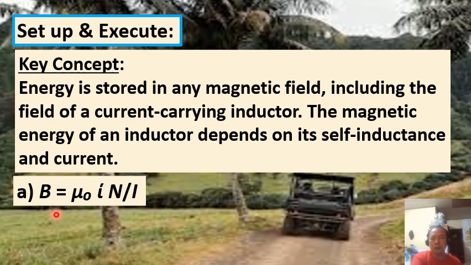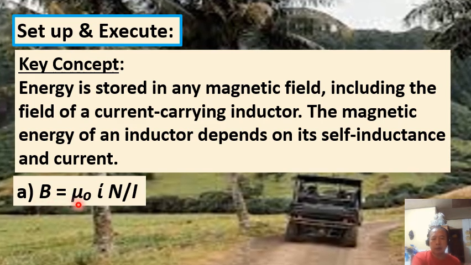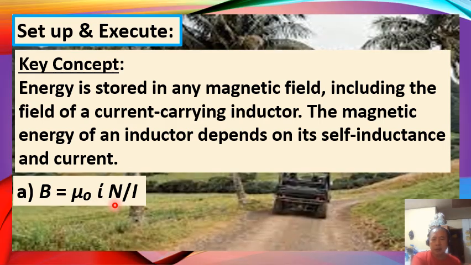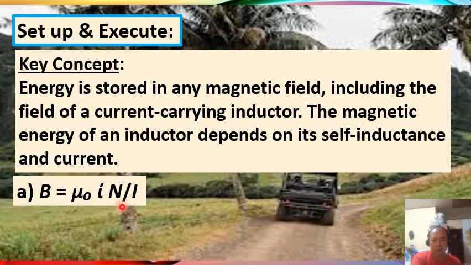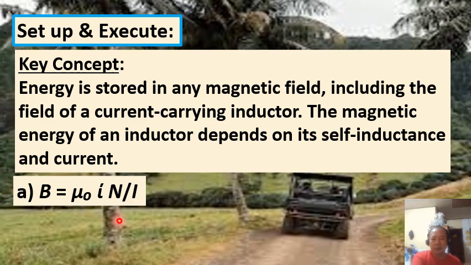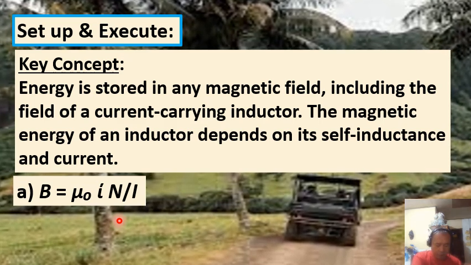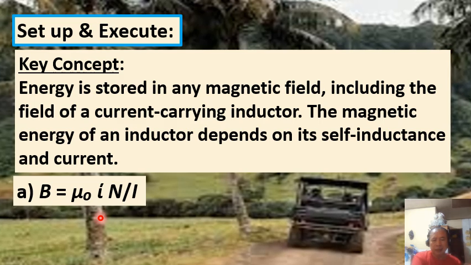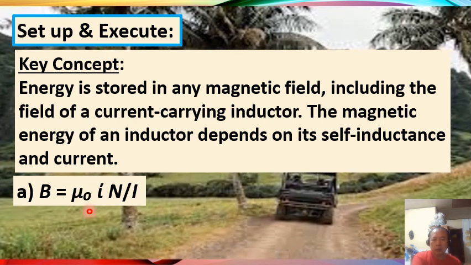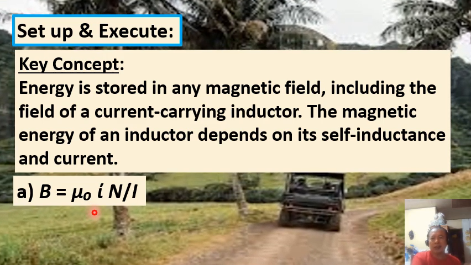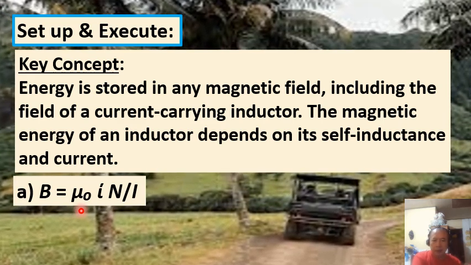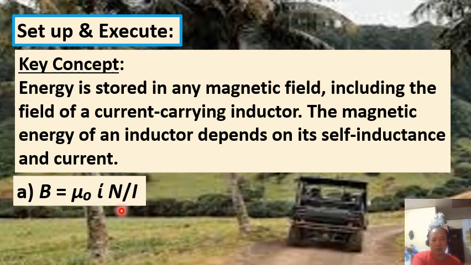capital B, using the formula. Capital B equals mu naught times current small letter I and multiplied by capital N over small letter L, where the Greek letter mu naught is what we call the permeability constant, or more commonly known as the magnetic constant, the permeability of free space, or vacuum.